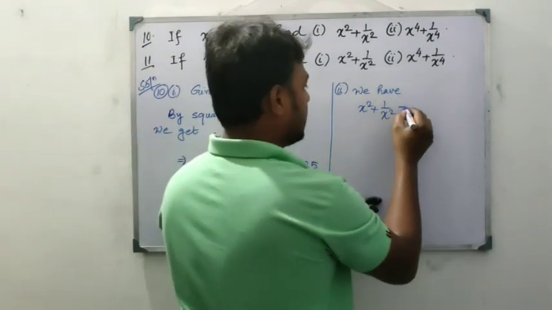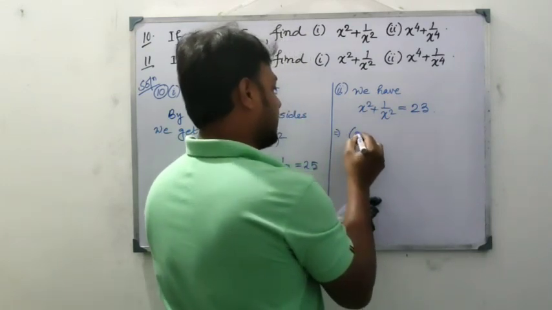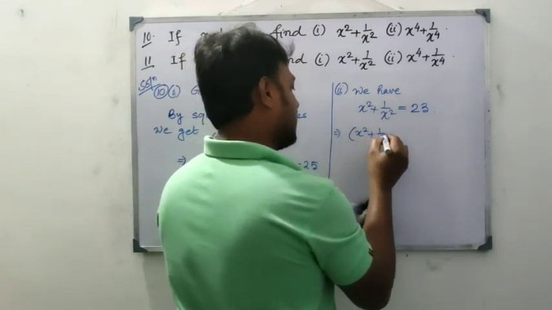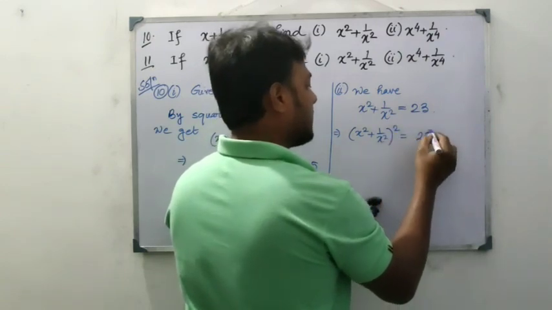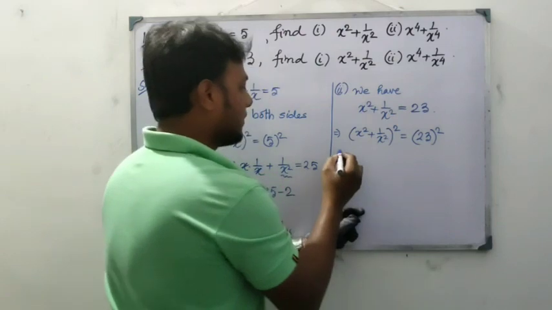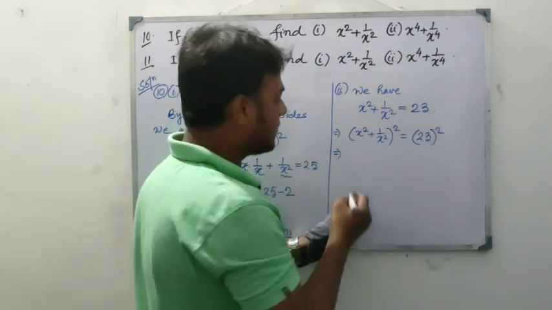23 equals 23. Now squaring both sides, x square plus 1 by x square whole square equals 23 square. Okay, so again apply a plus b whole square, that is a square plus 2ab plus b square.